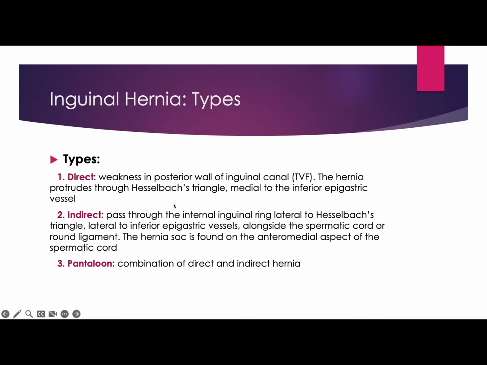So both of them actually start with the transversalis fascia. Okay. However, the direct is going to be in the Hesselbach area, which is the Hesselbach triangle, and the indirect is going to run through the internal inguinal ring, then the inguinal canal, and then it can run alongside the spermatic cord and the round ligament.